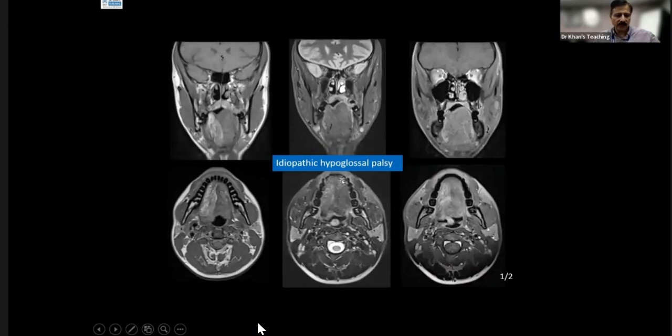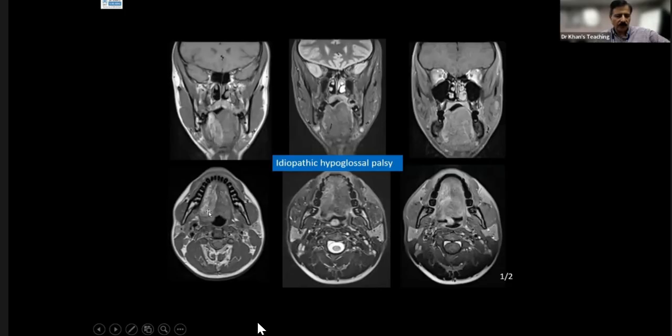And this is sometimes what happens. Look at this case, which was referred to us that there is a question mark hemangioma of the tongue. But if you look carefully, this is a T1 weighted sequence, and you can see fatty infiltration on this side. And on this T1, there is fatty infiltration.